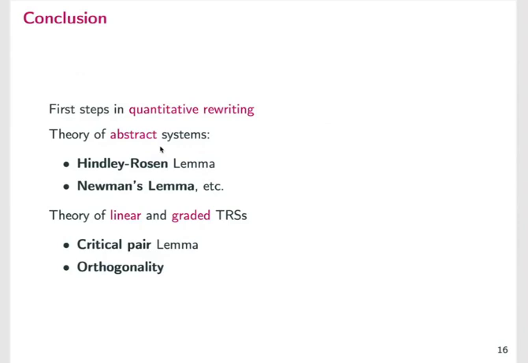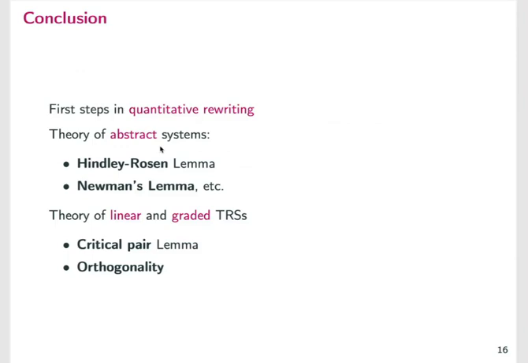All right, so these are just a few techniques and a few results that I showed you for the setting of this specific example. But if you look at the paper, there you will find what I like to call some first steps into quantitative rewriting. By first steps, I mean that we have a theory of abstract systems and a theory of term-based systems in which we refine many results, mostly concerned with confluence of traditional rewriting.